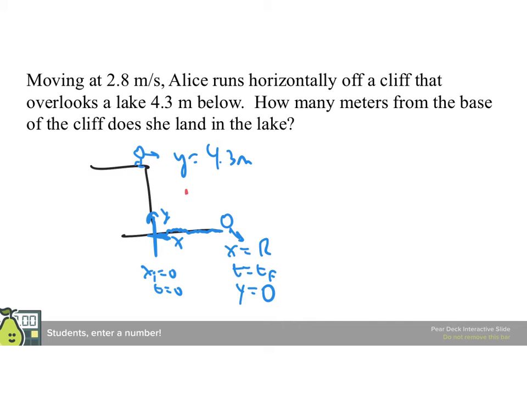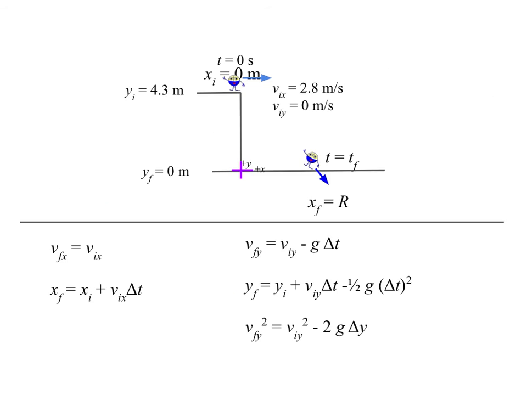During that entire motion, she's accelerating downward with magnitude g, and we were told that this height, well, I guess we've already said, is 4.3 meters. So then we would take the equations and plug in. VFX is still VIX always, and these are equations we're plugging into, true at any time.